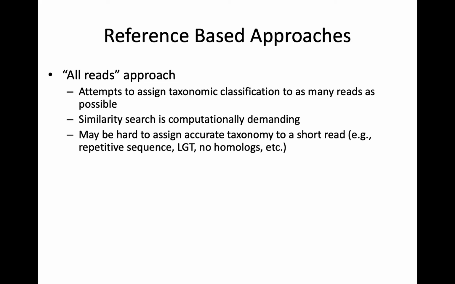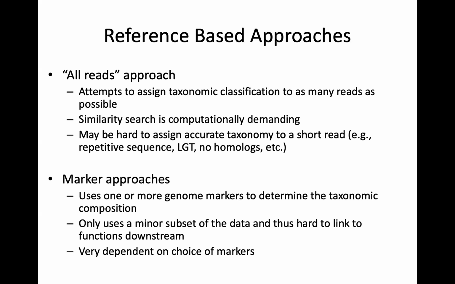They could be repetitive regions, they could be LGT events. Many reads won't map at all because you just don't have those things in your database. There might not be a homolog. But the bonus is that you get taxonomic classification, and you can also then dig back to say, okay, these are the reads that belong to that taxonomy because we assigned taxonomy to them.